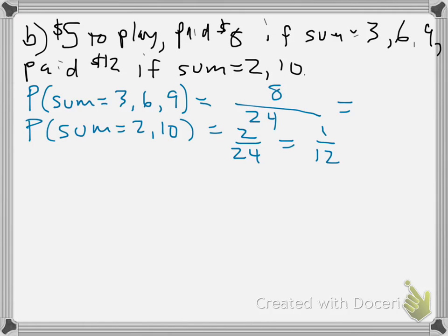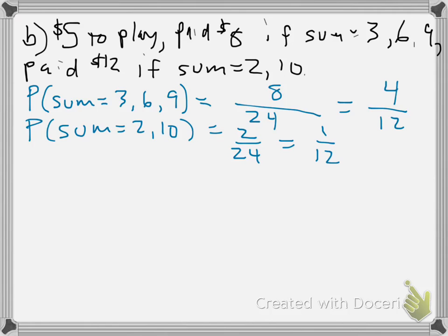There's a 1/12 chance of getting a sum of a 2 or a 10. And just to keep the denominators the same, even though 8 over 24 is 1/3, I'm going to leave this in terms of 12 as well. That's 4 out of 12 ways to get a 3, 6, or 9.